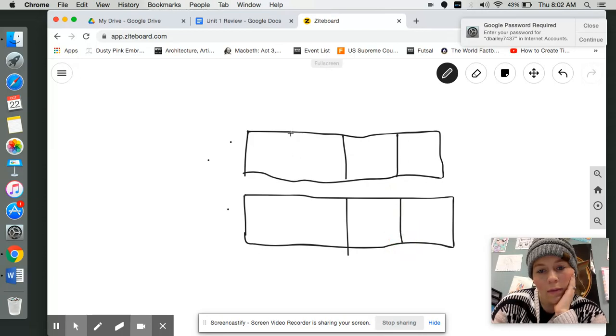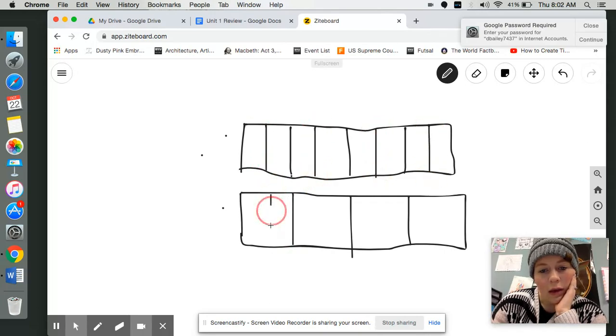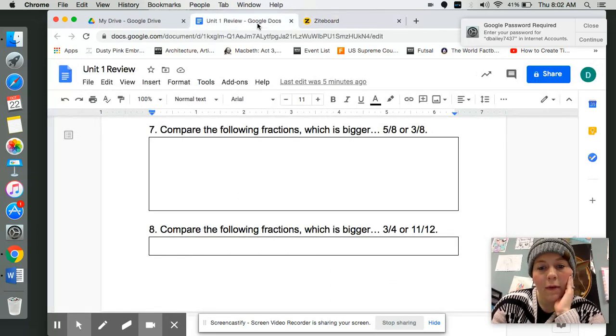And then now my candy bars are split into 4ths, but I need 8s because that's what we're working with here. And there, and there, and there, and there. And 1, 2, 3, 4. Okay, so one of these I have 5/8 and the other I have 3.